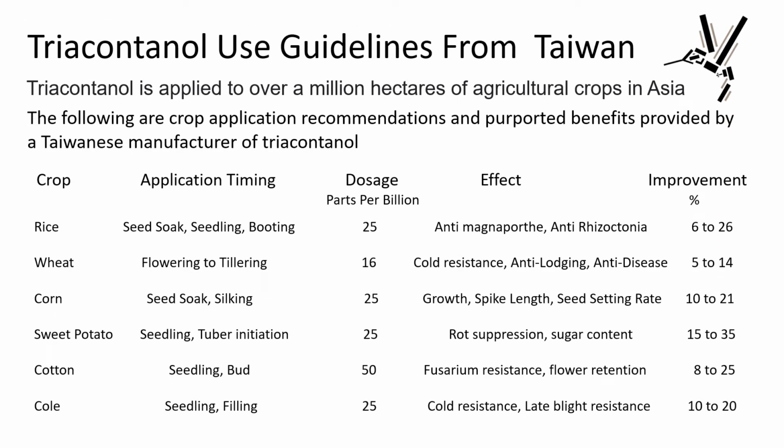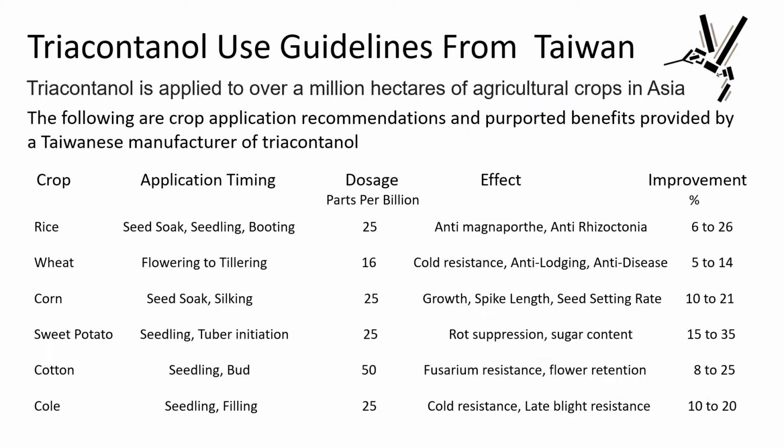This is a guide I got from a Taiwanese company that markets tricontanol throughout the world, and these are their guidelines for growers in Asia and what they're putting on crops in Asia. And there are over 1 million hectares of agriculture in Asia that consistently use tricontanol.